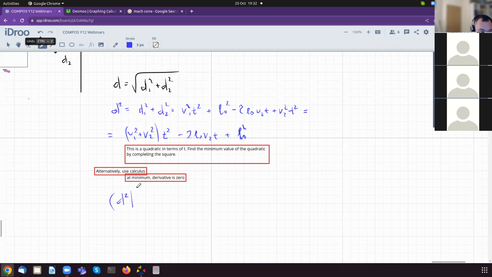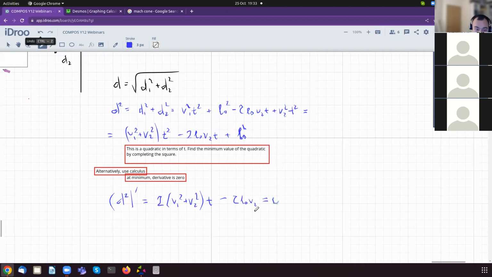The derivative of D squared is going to be 2 times V1 squared plus V2 squared, times t. Because V1 squared plus V2 squared is a constant, we just differentiate t squared, which is 2t, minus 2 L0 V2. These are constants, no t. And L0 squared is a constant, so its derivative is 0.